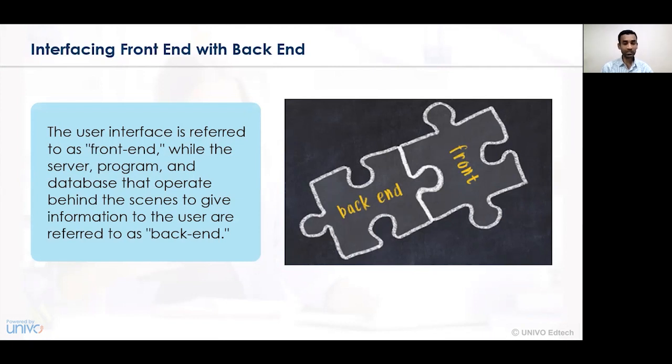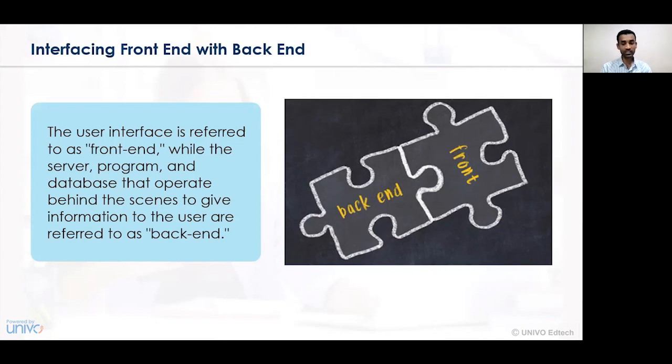Certain activities which are not visible to the general public or to the outside world, but are carried out in the organization, are called back end activity. A particular activity conducted in front of the general public, visible to everyone, is called a front end activity, and an activity conducted behind the scenes is called a back end activity.